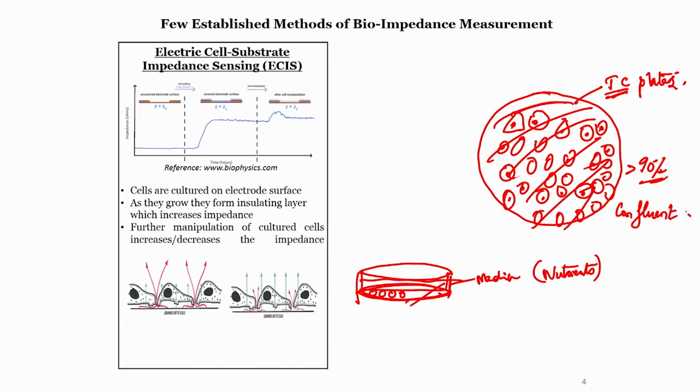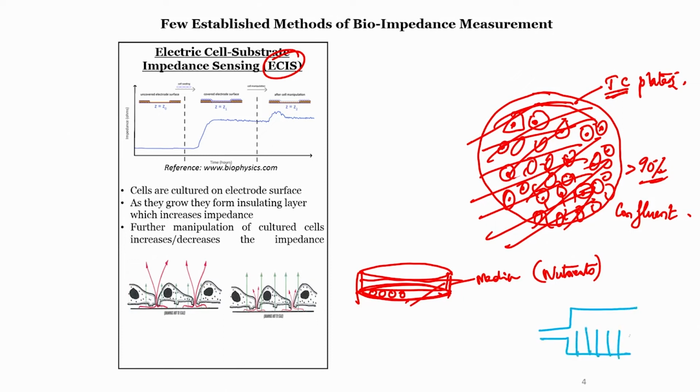Now how does ECIS help us here? ECIS basically measures the impedance. Below this culture dish there will actually be a lot of electrodes, interdigitated electrodes, and the cells are allowed to grow on top of these electrodes like this.